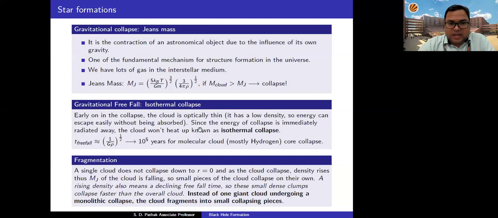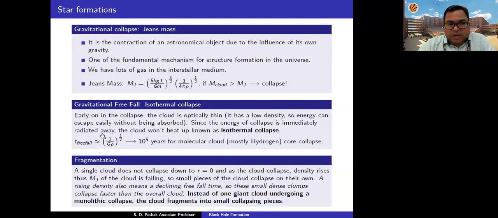What exactly happens? In the beginning the cloud is optically thin, not very dense. So the energy generated by the collapse can easily leave and pass out. Therefore the temperature does not change, and this process is called the isothermal collapse.